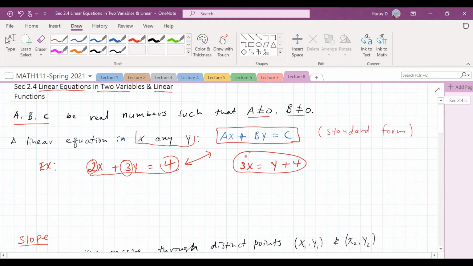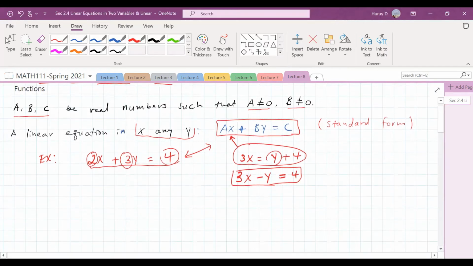In order to write this one in standard form, you have to make it look like the standard form, which means we have to bring the variables, all of them, to the left side, and the constant on the right side. So to do that, I write 3x, and we bring this y to the left side, and it becomes negative y, and then I have 4 on the right side. So now we have written the equation in standard form.